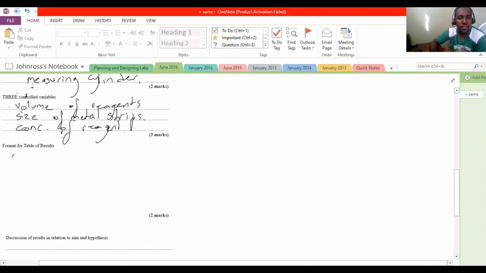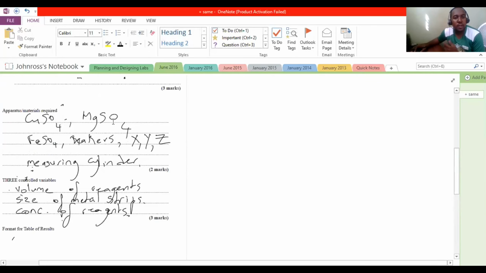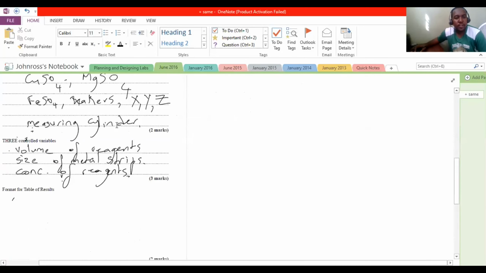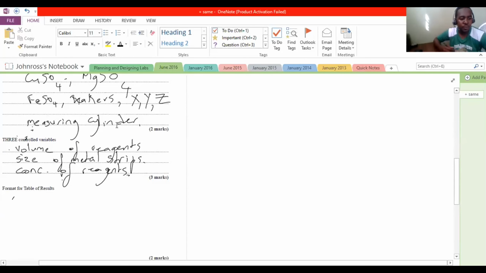Each reagent has the same concentration of 0.1 mole per dm cube. So these are the three control variables that we use. Because we did not state anything about the temperature in our experiment, it would not be wise to state that the experiment control variable will be temperature.